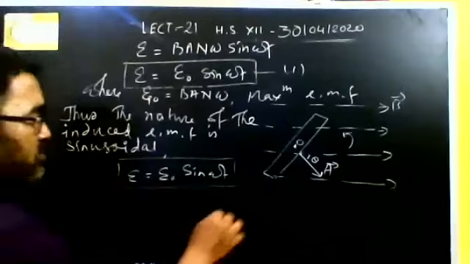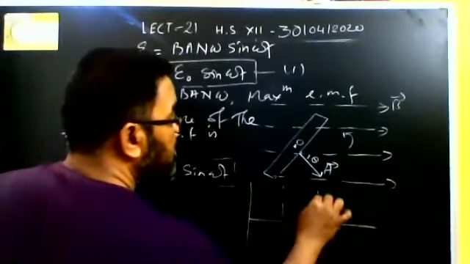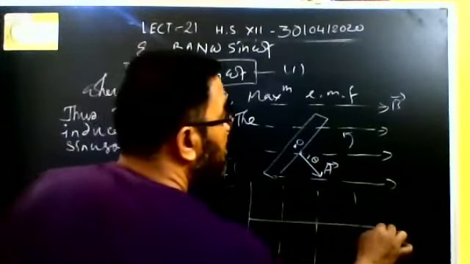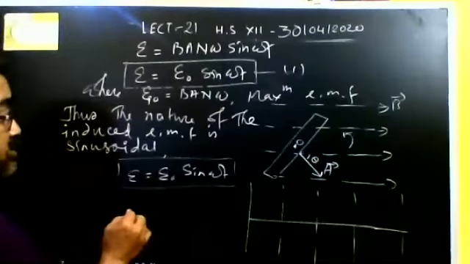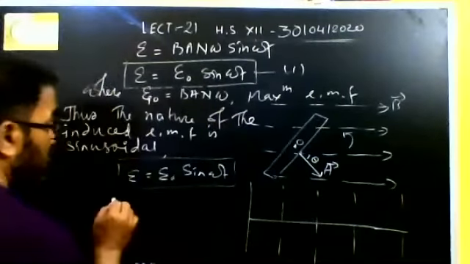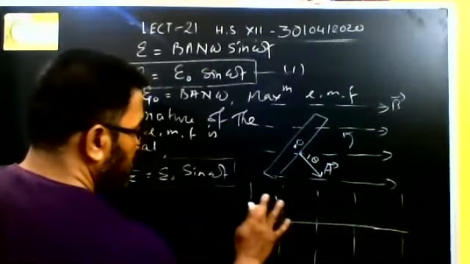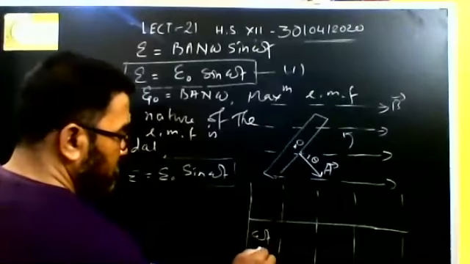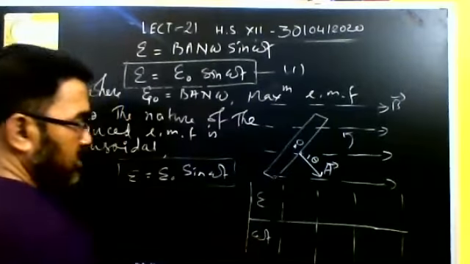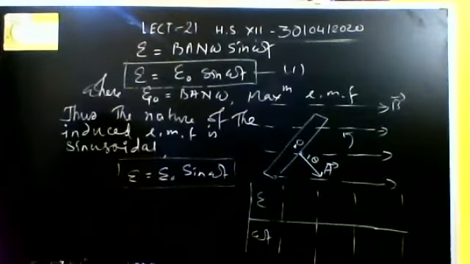So if you find here the different values, omega t, that is theta, and epsilon, the value of EMF, and the value of angle.